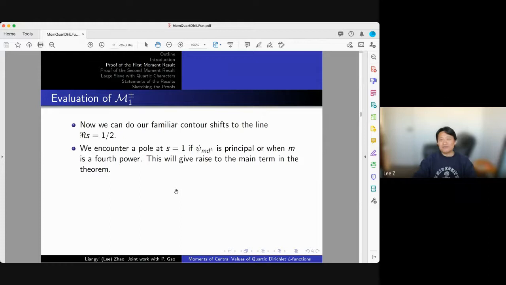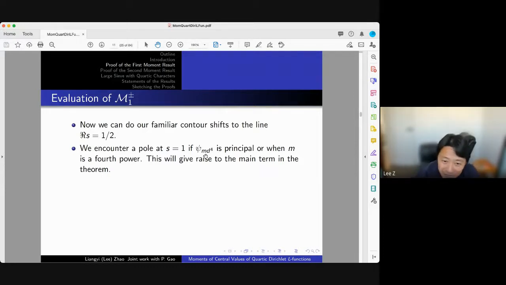Well, do we pick up any residues? Well, we will. If you are familiar with the theory of L functions, if you have the trivial character or the principal character, then you'll have a pole at s equals 1.